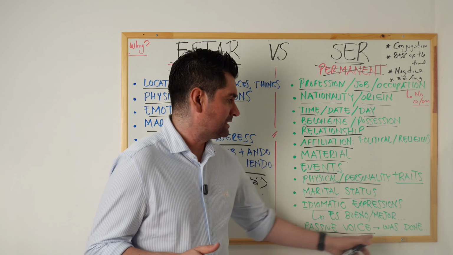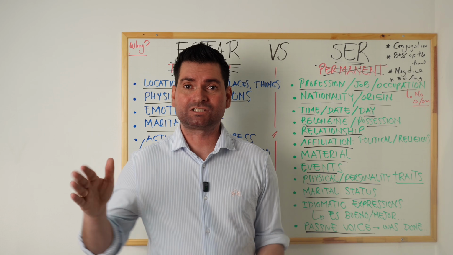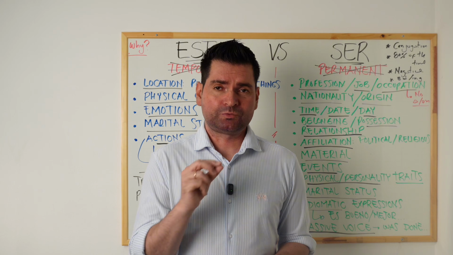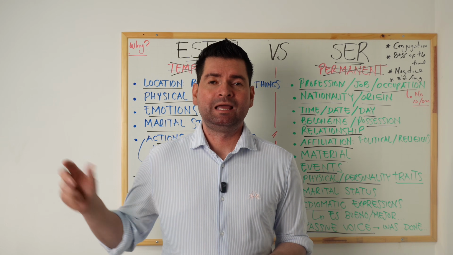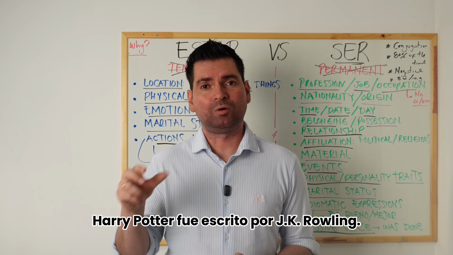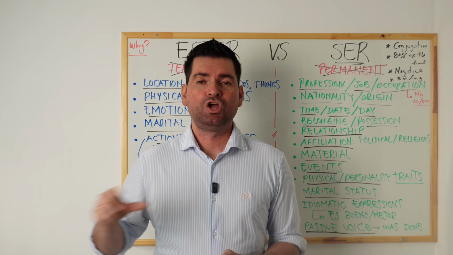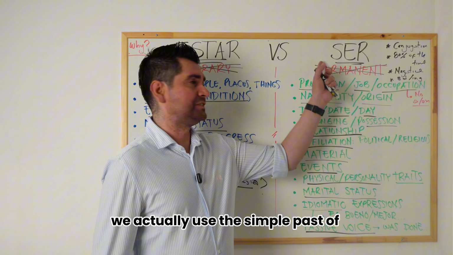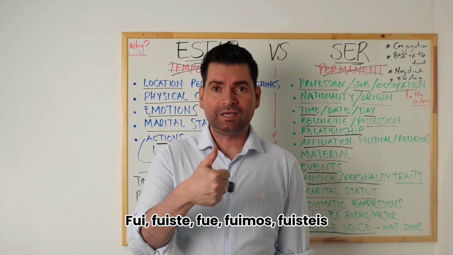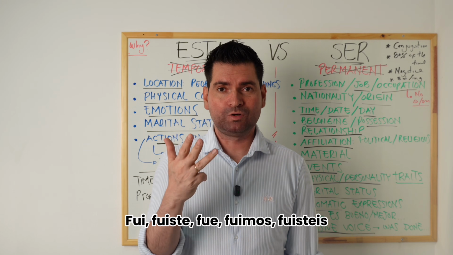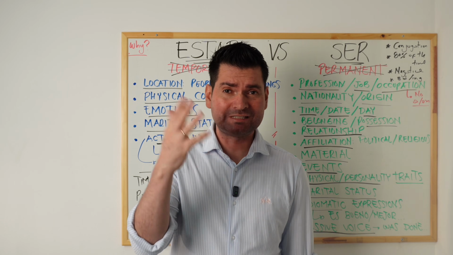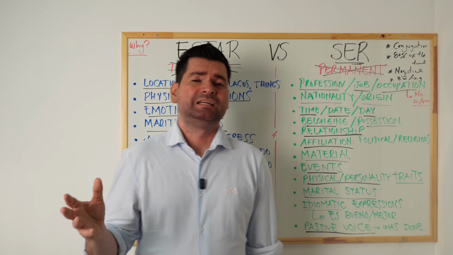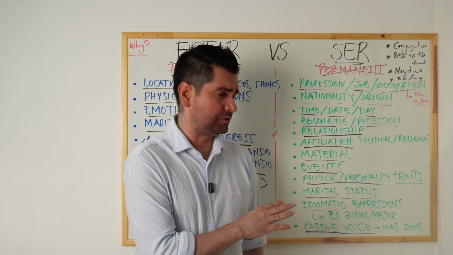Passive voice is when something was done by somebody. For example, I can say, Harry Potter was written by J.K. Rowling. Harry Potter fue escrito por J.K. Rowling. Fue escrito por. We actually use the simple past of ser, that is fue, fui, fuiste, fue, fuimos, fuisteis, vosotros in Spain, and fueron. This is important if you're a little bit more advanced. If you're a basic student, don't worry too much about this one.